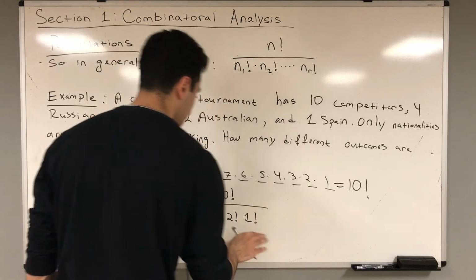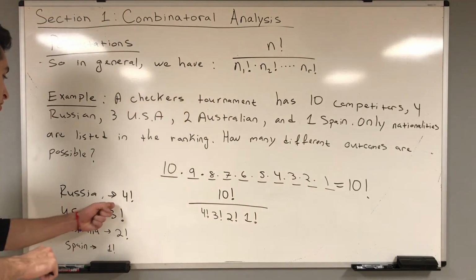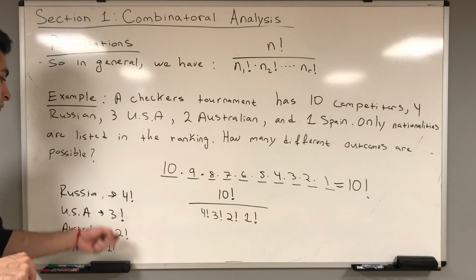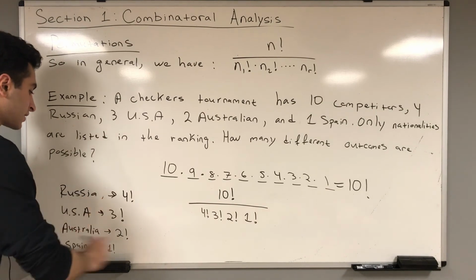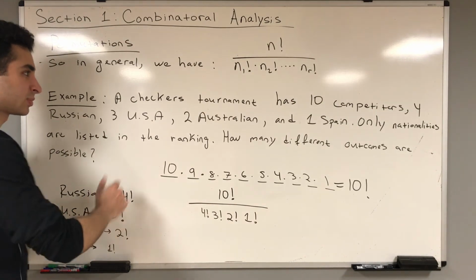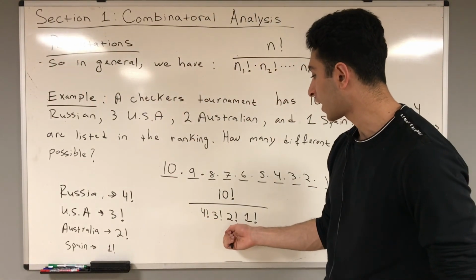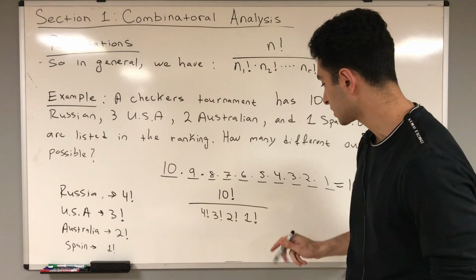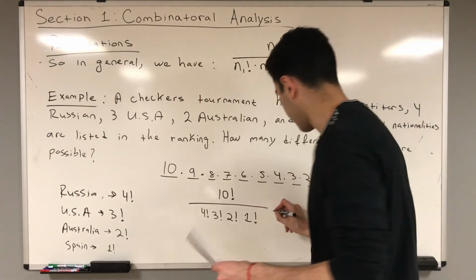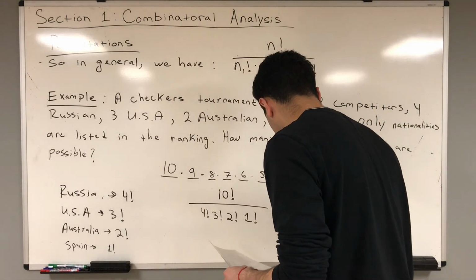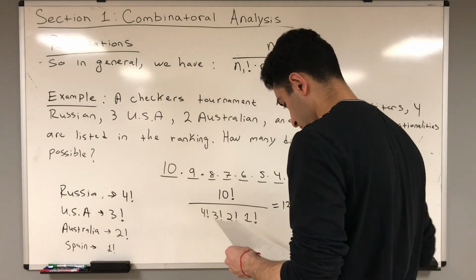And the numerator comes from the basic principle of counting, because these are all your different experiments and you have to multiply them together, but we are overcounting this. We can't have this because they're indistinguishable. The nationalities are indistinguishable. So we have to divide it out from the actual number of outcomes, and you get 12,600 different rankings.